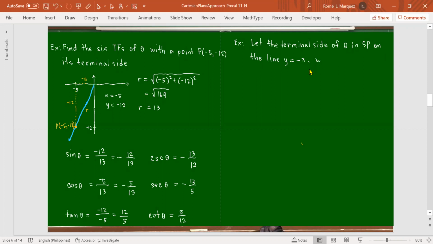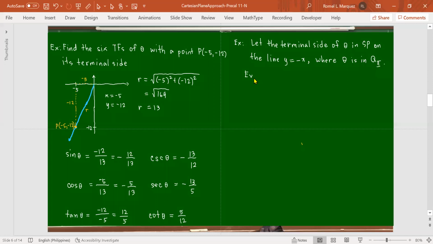Where theta is in quadrant 2. Where is theta, children? Quadrant 2.